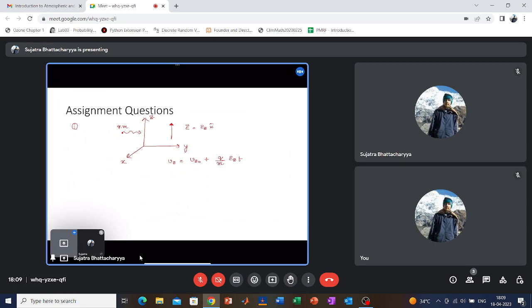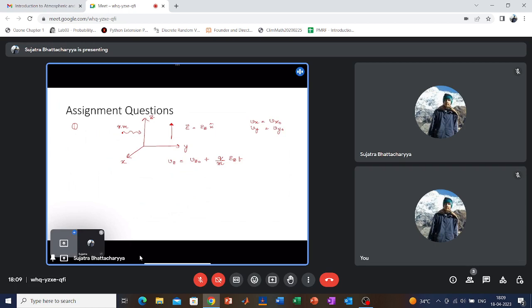What about Vx and Vy? They are constant. Vx becomes Vx0 and Vy becomes Vy0, because dVx dt is 0 and dVy dt is also 0. So this is the initial velocity, and this is the z direction velocity.